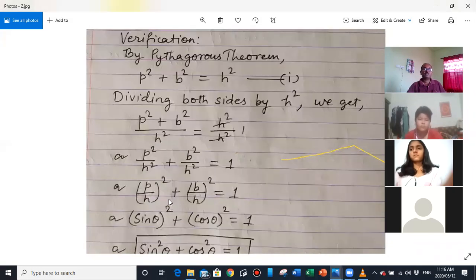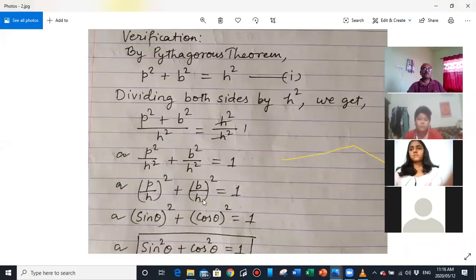Now p by h whole square plus b by h whole square equals 1. This is the rule of indices. There is a square in both numerator and denominator, so you can write them together this way. Now you recall p by h means sin theta, and b by h is cos theta.